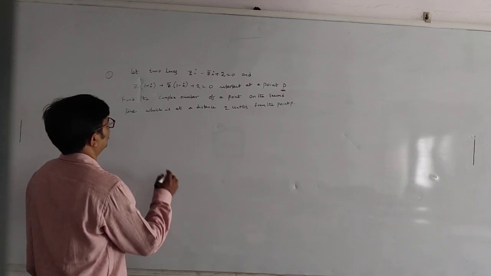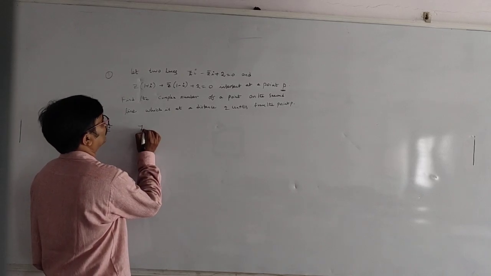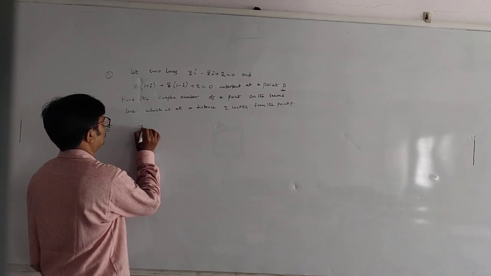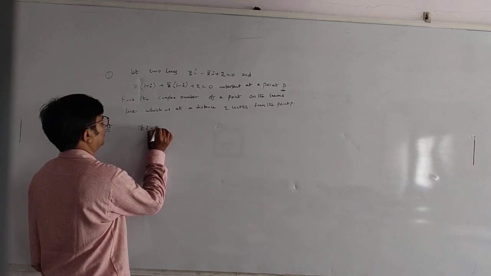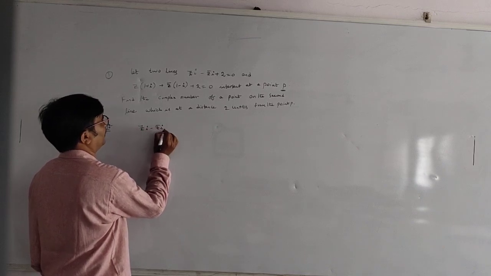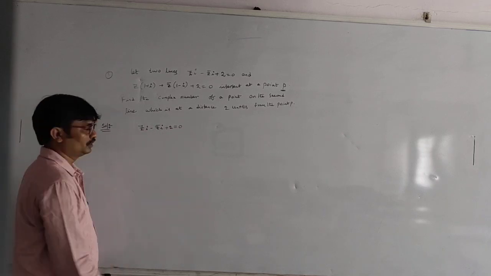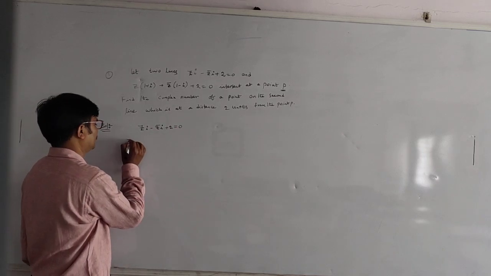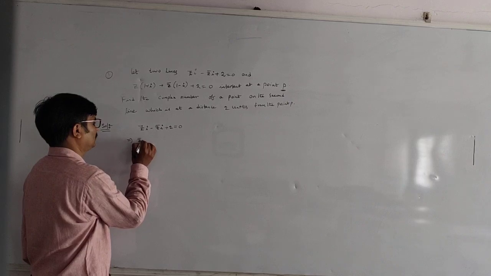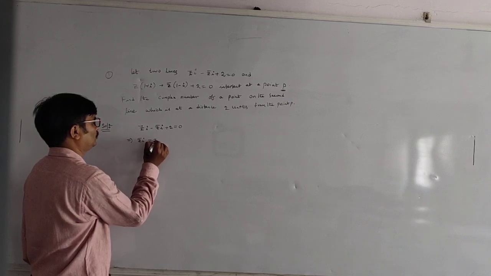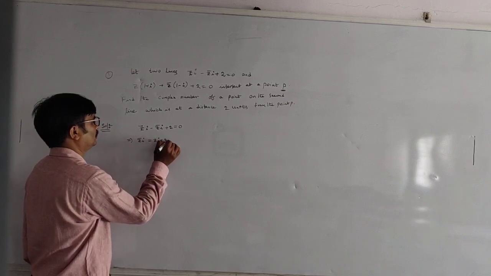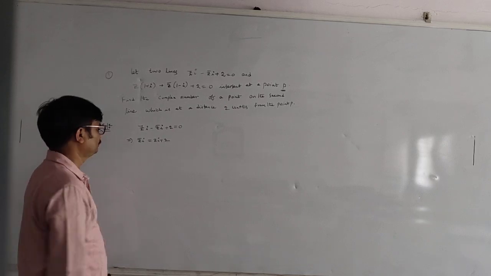So, students, now this is Zi minus z bar i plus 2 equal to 0. The z bar i is standing on the other side. z bar i equal to Zi plus 2.